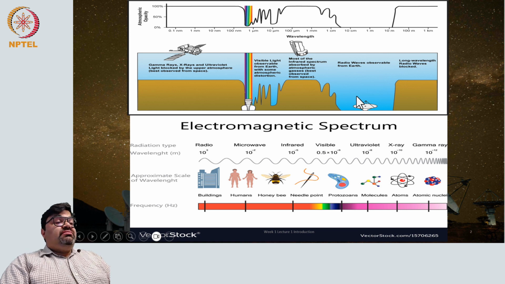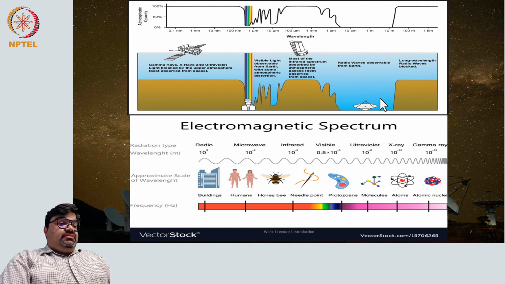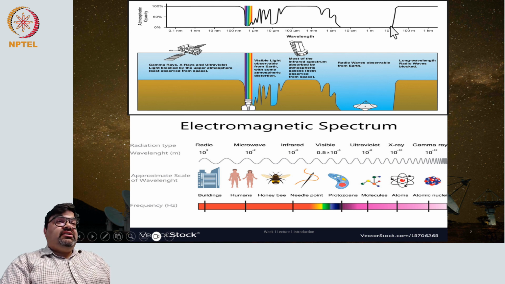In radio, the sun is a major source, but if we avoid looking towards the sun, we can observe very well even in daytime. When we talk about wavelengths, typically a few centimeters to a few meters is what we concentrate on in this course, which ranges from a few tens of megahertz up to a few gigahertz in frequency.